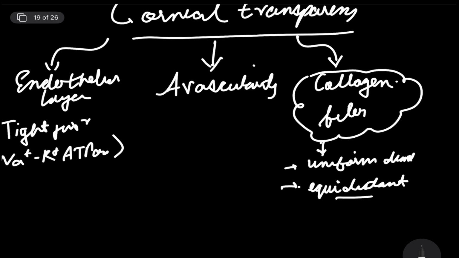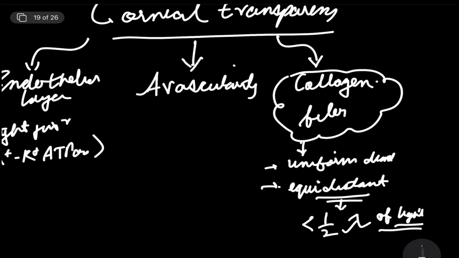And that distance is basically less than half the wavelength of light. So whatever light is coming, half of that wavelength, lesser than that, is the distance between the collagen fibers. What happens because of this is there is no scattering of light. Why?